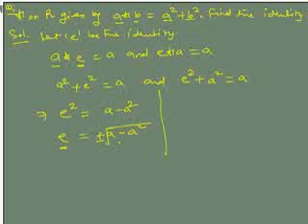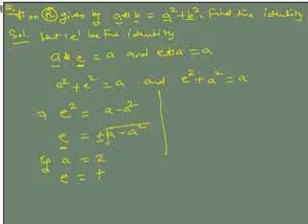Our identity is unique, and one more thing about identity, that identity should belong to the set on which the binary operation is defined. In this case, you can see that if A is equal to say 2, then what would be E? E would be plus minus the square root of 2 minus 2 square, plus minus the square root of minus 2, which is not a real number.